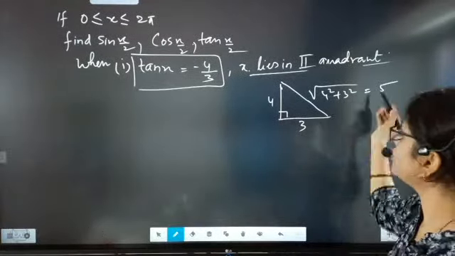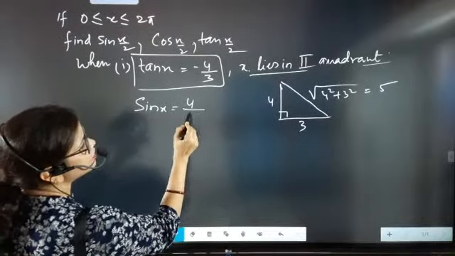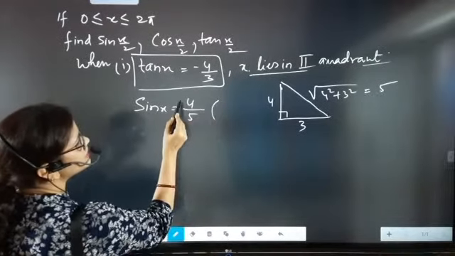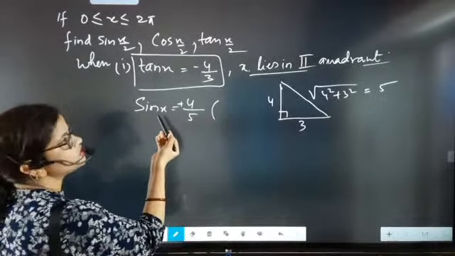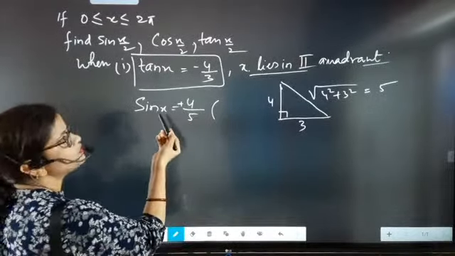Now I am going to get sin x. Since x lies in the second quadrant, sin x will be perpendicular by hypotenuse, and it will be positive, because the second quadrant is the sine house and the sine value will come positive.